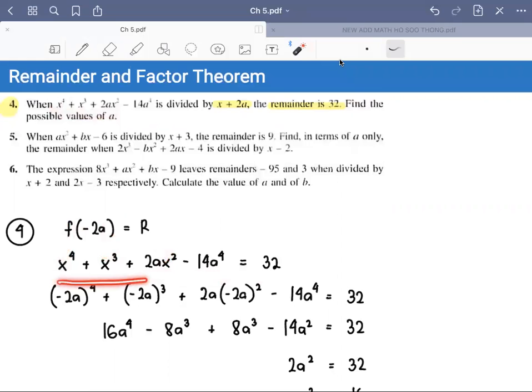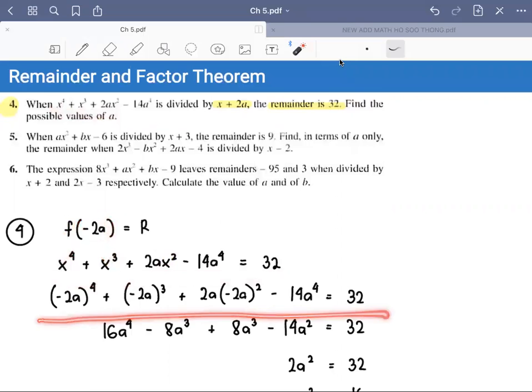So once you're here, your next step is to substitute the x terms with negative 2a, and that's how I got this.